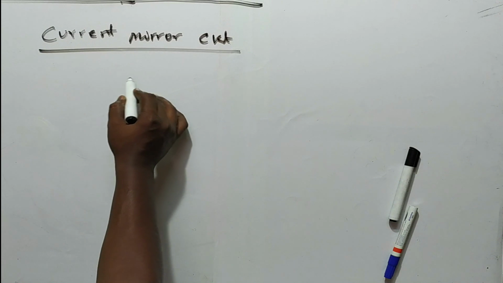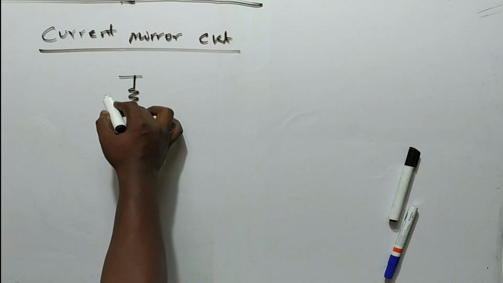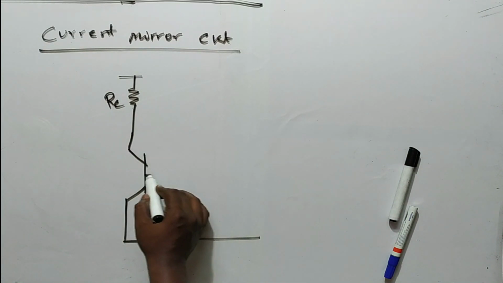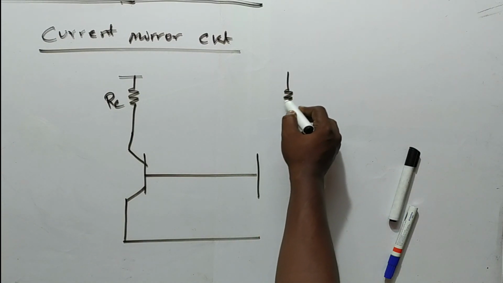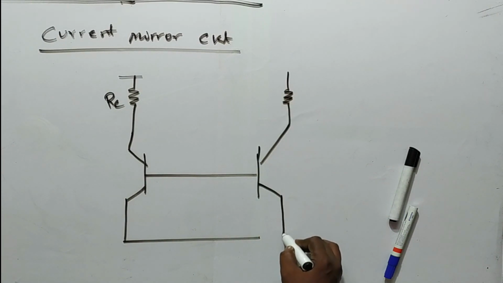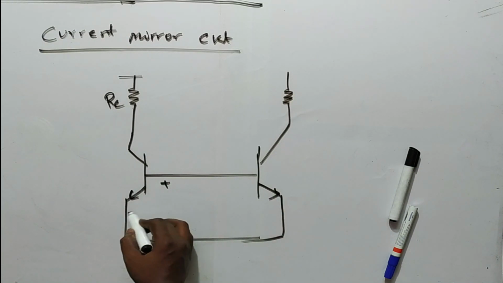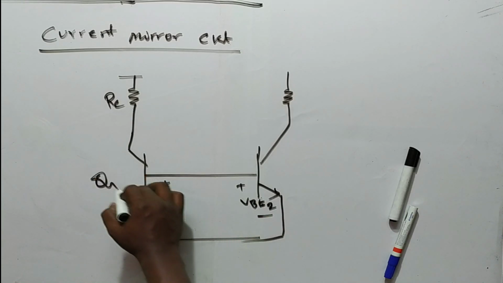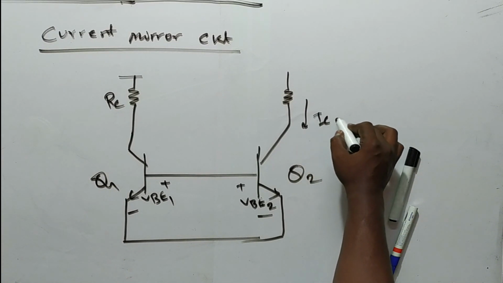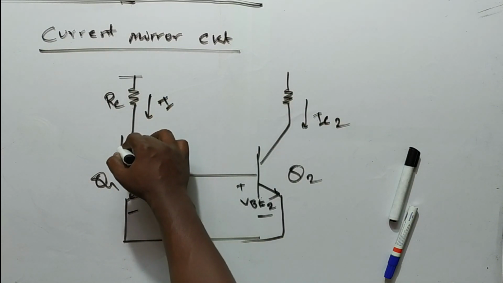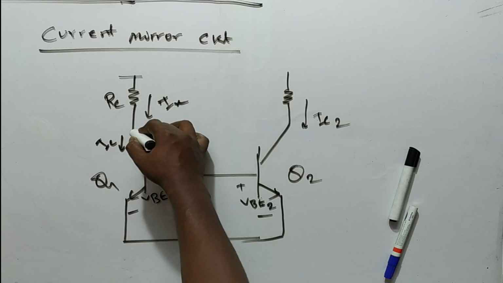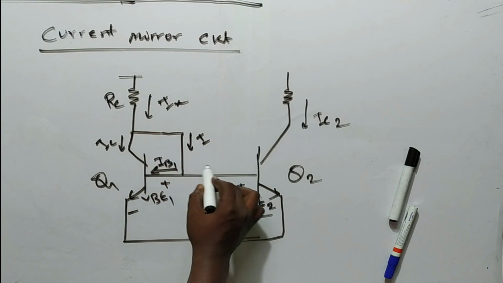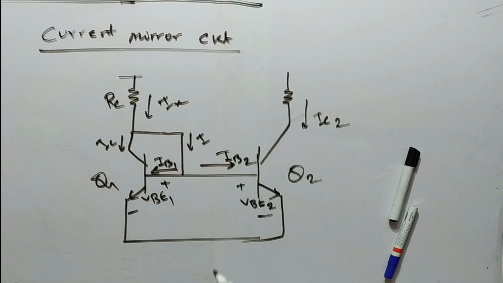The circuit diagram of the current mirror circuit is, this is the circuit diagram of the current mirror circuit.